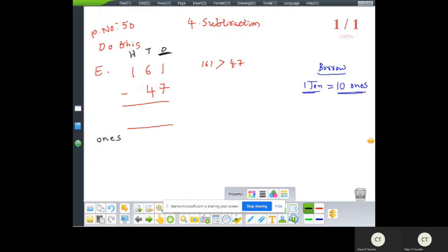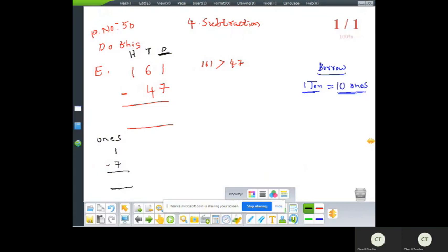And the digits in one's place are 1 and 7. 1 minus 7. Here we cannot take 7 from 1. 7 is bigger than 1. Subtraction happens from a bigger number to a small number. Here it is small to big, so this time we need borrow.